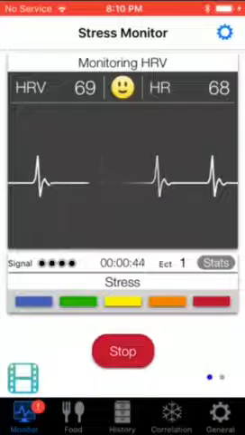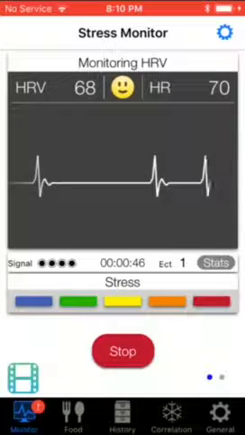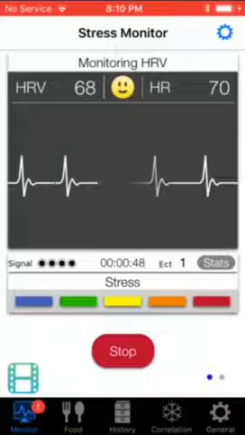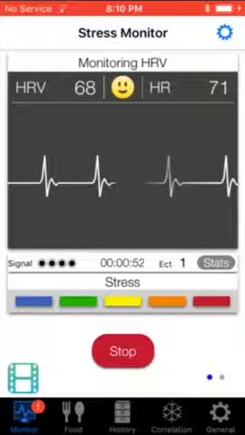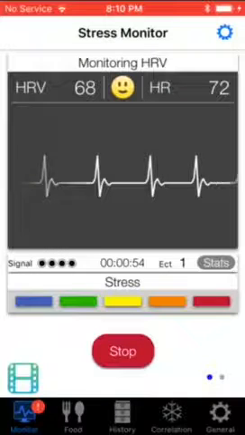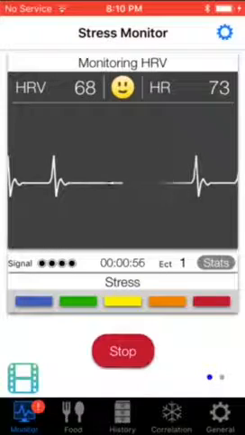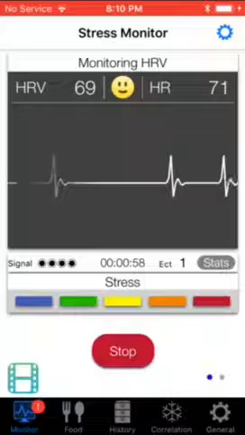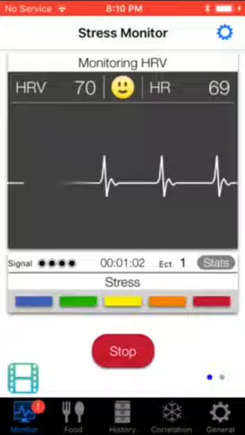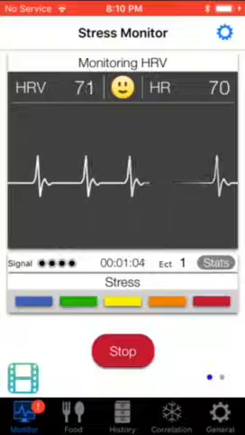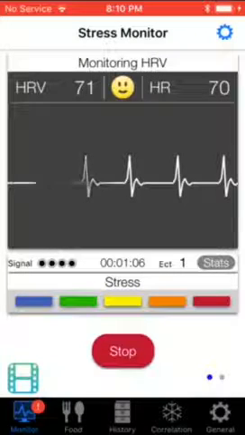So not every beat happens at the exact same rhythm. This variation in the interbeat intervals can be measured. When you measure it, you can get an idea of the state of your autonomic nervous system and how it's functioning.